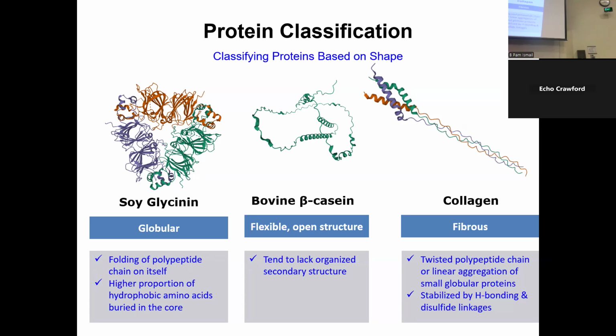So it doesn't have organized secondary structure, like we said, because of the high proline. And I think we talked about globular proteins having a high percentage of hydrophobic amino acids. That's why they fold and form globular structures. And then the fibrous ones have a high percentage of polar amino acids, and are stabilized by hydrogen bonding or disulfide bonds.